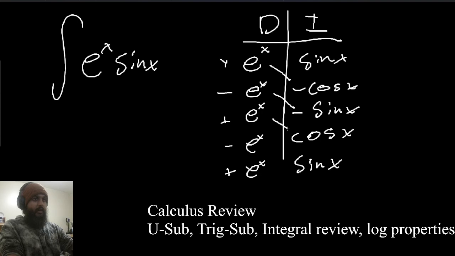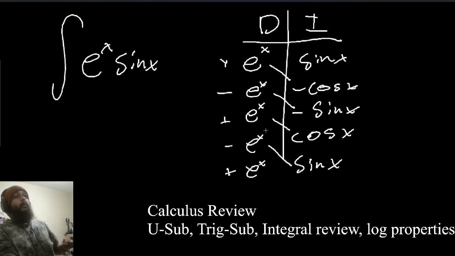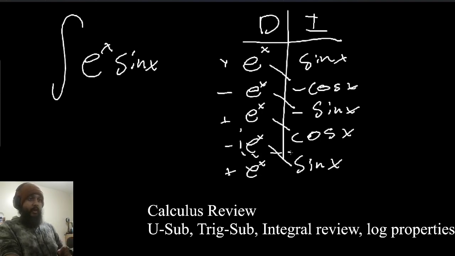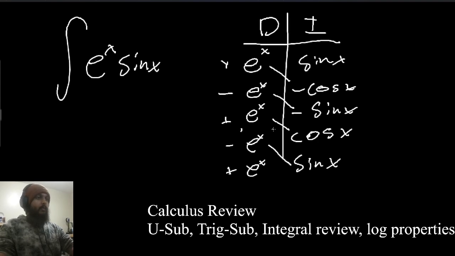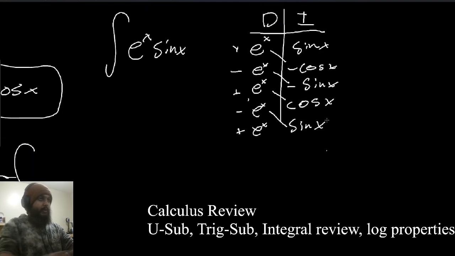When we stop, we look at just a random row. This row up here is actually the same as the bottom row. So let's write this out.